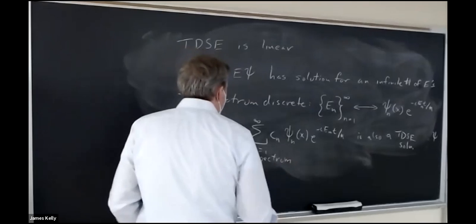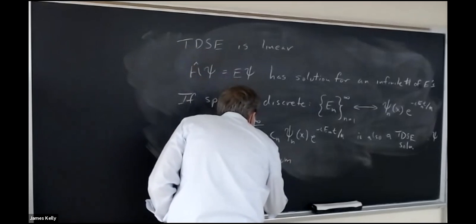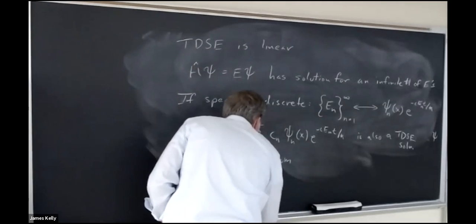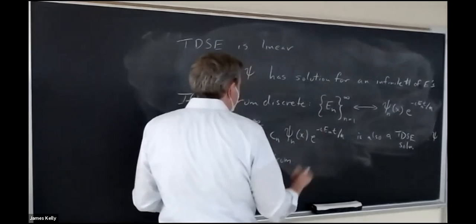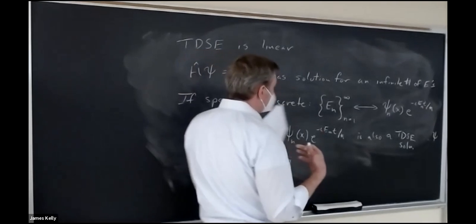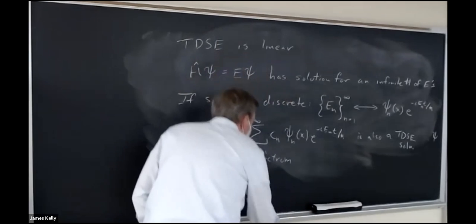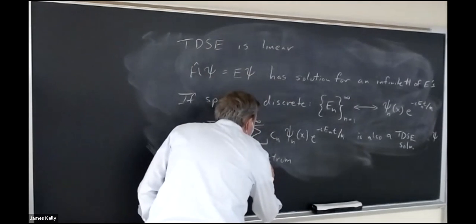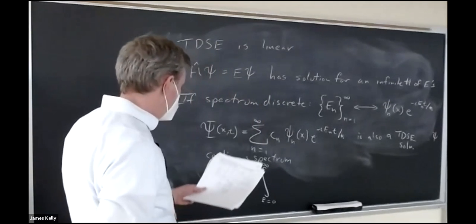We integrate over all the allowed values of E. In this case, they're a continuum, so we're going to integrate over some range of E, which forms all the normalizable solutions. Maybe I'm just going to imagine that's integrating from E equals 0 to infinity.